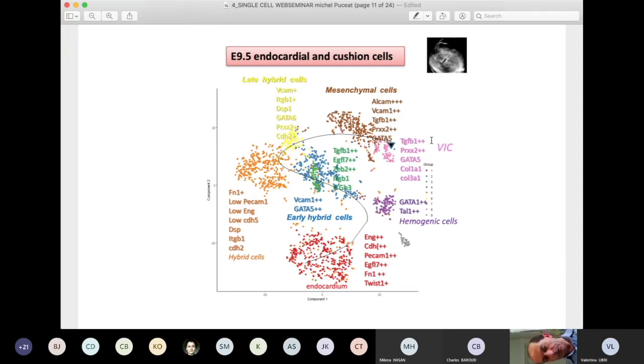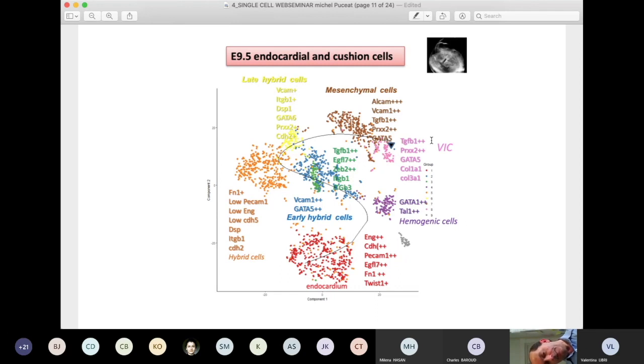So this is what we call a pseudotime, and this shows very nicely the trajectory of the endocardial to mesenchymal transition. Again, if you go from the bottom part of the slide, you see in red all the endocardial cells, which are still endocardial, still epithelial.